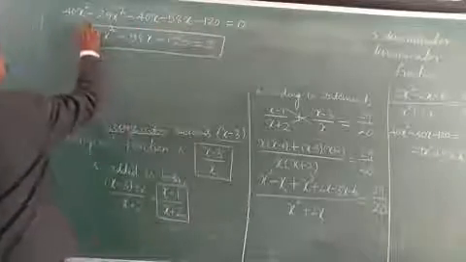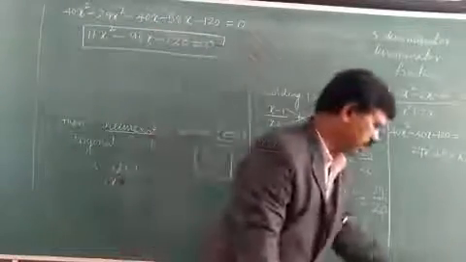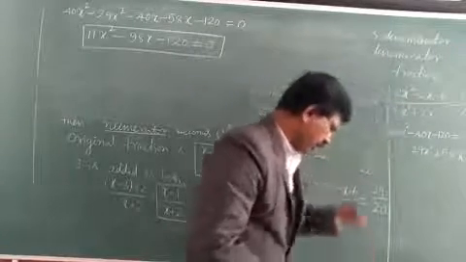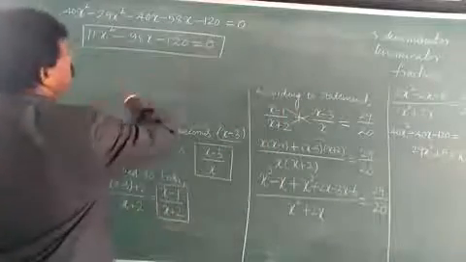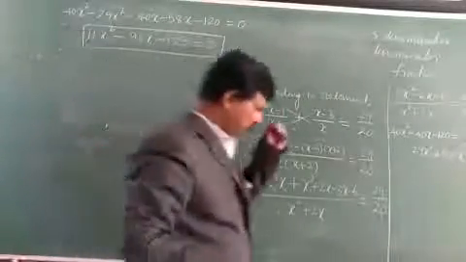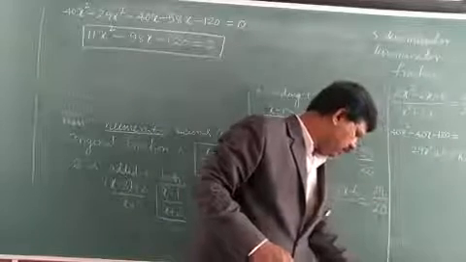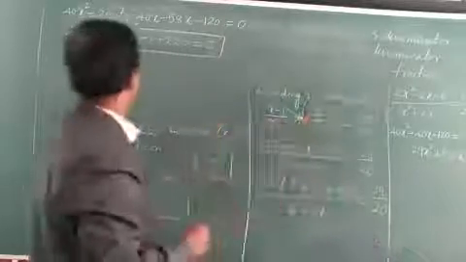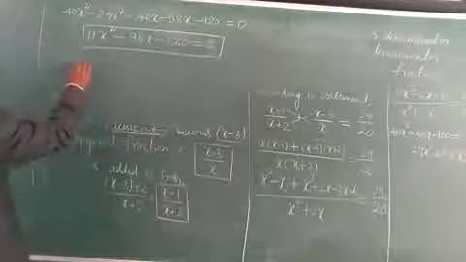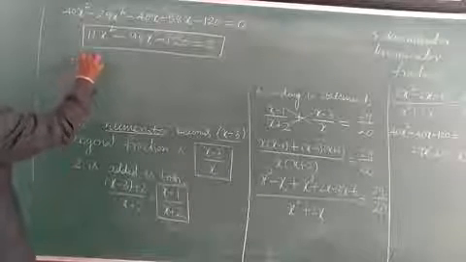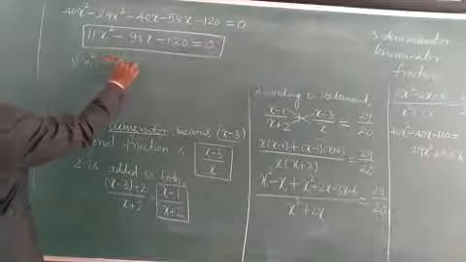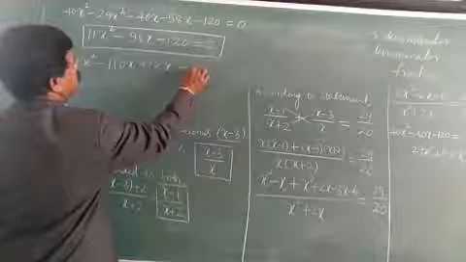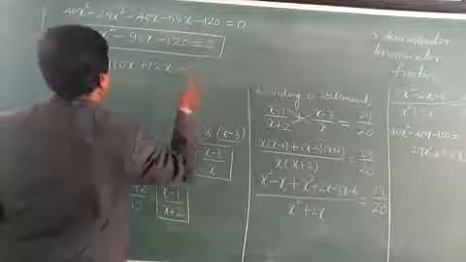So here this is the quadratic equation form, right? So now splitting the middle term, I am giving the direct one. 11 into 120 gives 110 into 12. 11x square minus 110x plus 12x minus 120 equals 0.